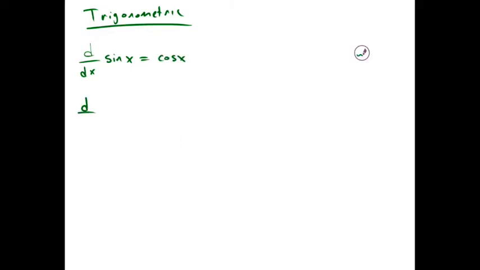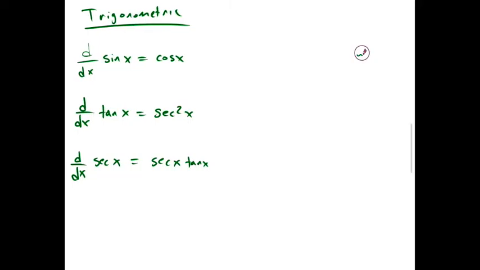And then we have the derivative of the tangent function, which is secant squared. And then we have the derivative of the secant function, which is secant x times tangent x. And then we have the co-versions of all these: cosine, cotangent, cosecant.